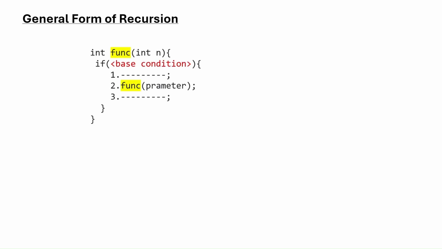Let us look at the general form of recursion. Recursion is a function calling itself. If a function calls itself, it is called a recursive function. One important thing in recursion, as you can see here, is the base condition. A recursion must have a base condition in order to terminate the recursion, otherwise this function will keep on pushing onto the stack and ultimately give us a stack overflow error.